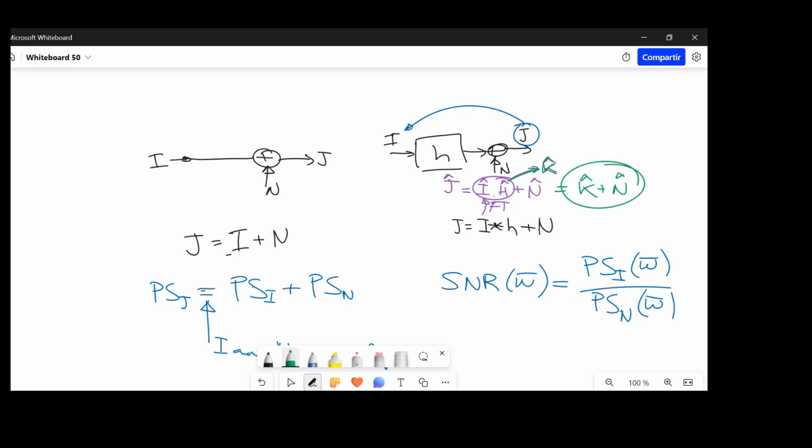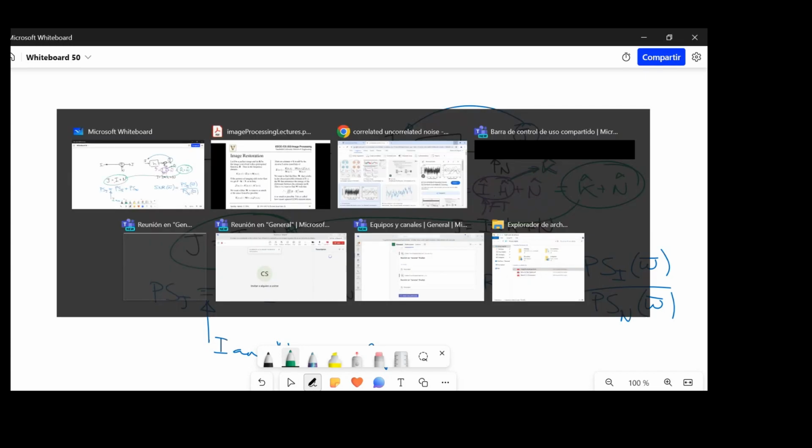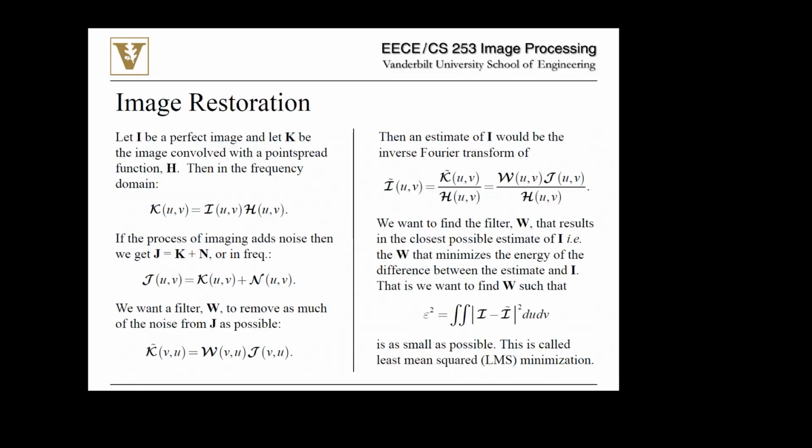This is the same as this one. Let's try to recover K. So now we have J, that is the observation, which is K plus noise. So now we will apply the filter W to J.